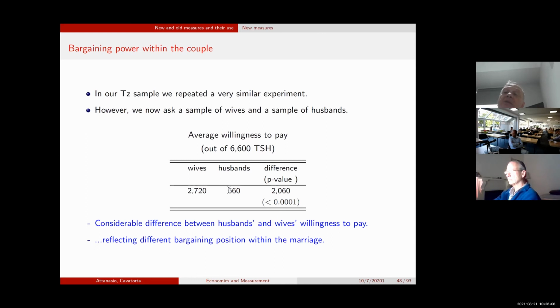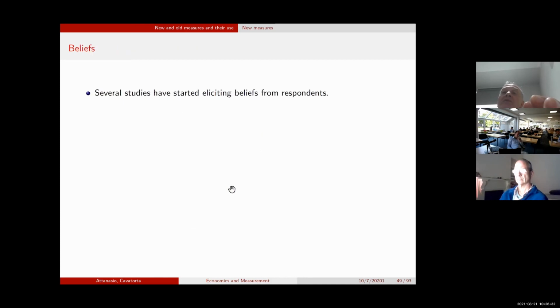The husbands, now here the question was also asked to the husband. As I said, we have separate samples, randomly allocated between samples, while in Macedonia it was only wives. The husbands are willing to pay nothing. The difference between the two is 2,000 shillings, and it's very, very different. And so that seems to reflect bargaining power in the marriage.